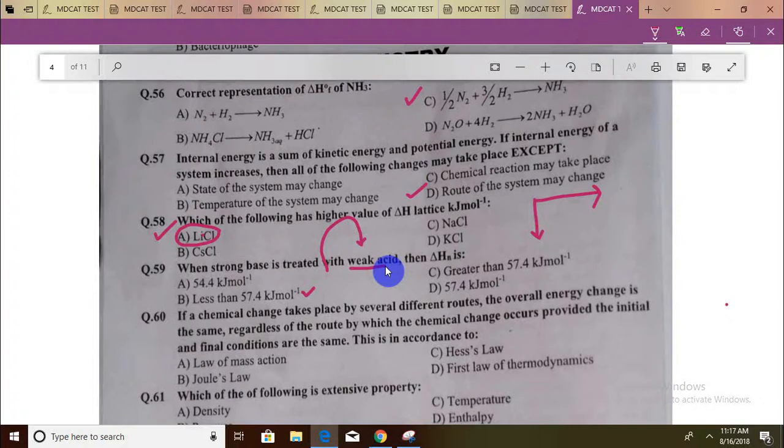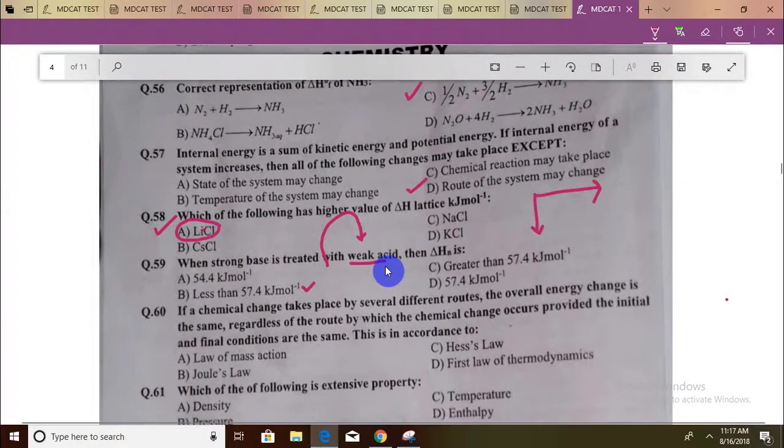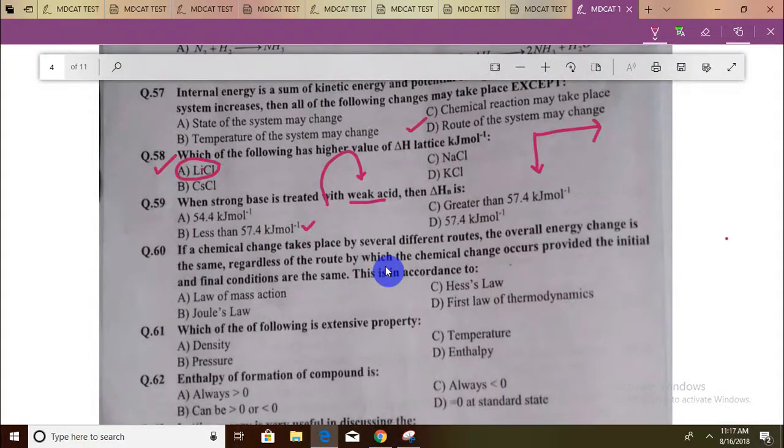If a chemical change takes place by several different routes, the overall energy change is the same regardless of the route by which the chemical change occurs, provided the initial and the final conditions are the same. And this is in accordance with the law of mass action, Joule's law, or Hess's law. This is a direct statement of Hess's law.